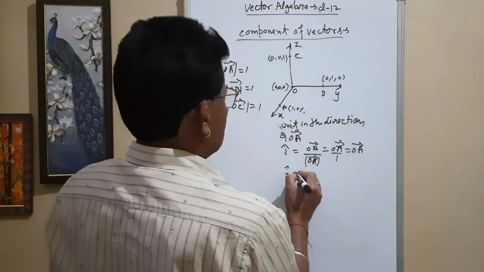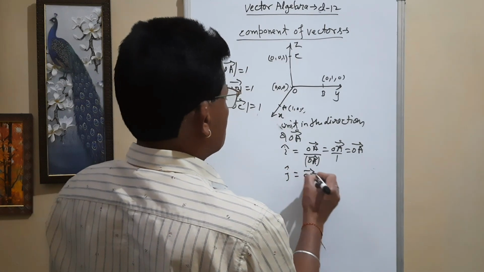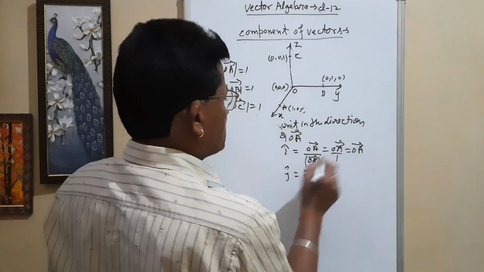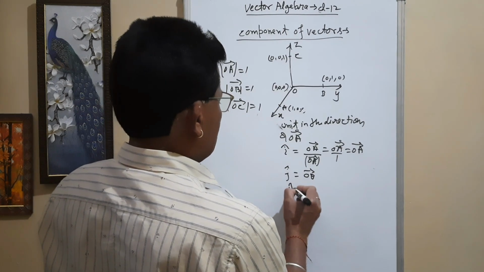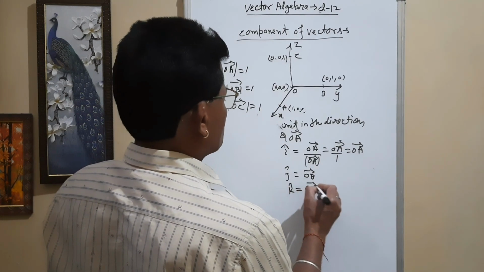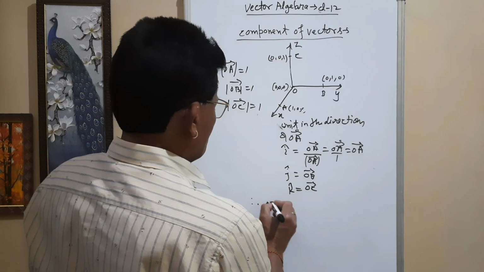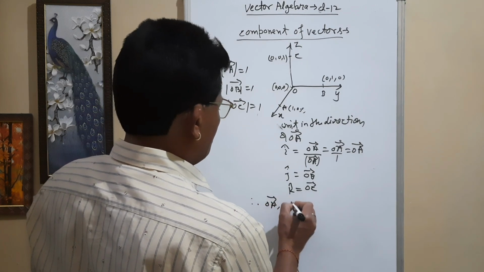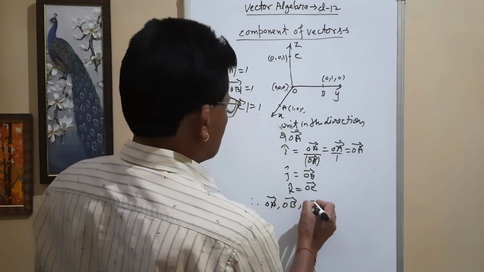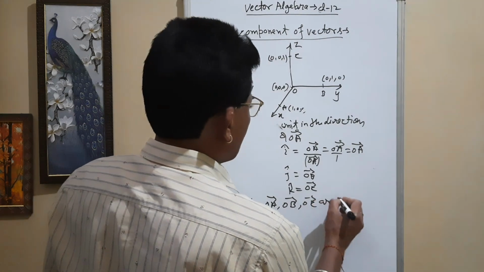Similarly, j cap will be equal to OB vector, and these are unit vectors, and k will be equal to OC, that will also be a unit vector. That is why OA vector, OB and OC are the unit vectors.